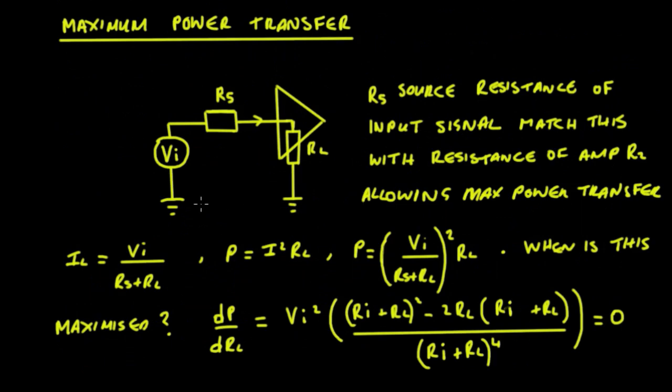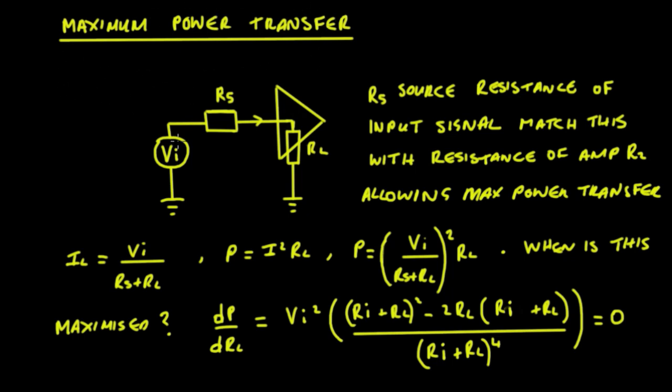So I mentioned there that we can also look at the gain in terms of a voltage gain, but before we do that, we're going to look at the idea of maximum power transfer, because it's all kind of related.